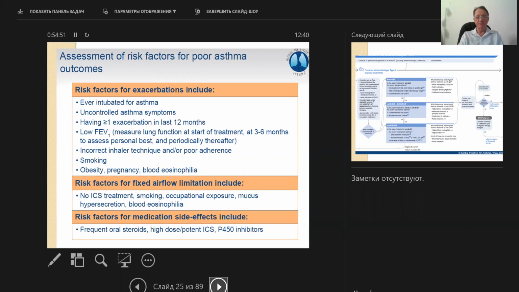Uncontrolled asthma symptoms too, but that is modifiable. Having one or more exacerbations in the last 12 months, and low forced expiratory volume, are also modifiable risk factors for poor outcomes. Incorrect inhaler technique and poor adherence to treatment are also modifiable factors. Smoking and obesity are also modifying risk factors. Pregnancy, blood eosinophilia, and by the way, allergy.